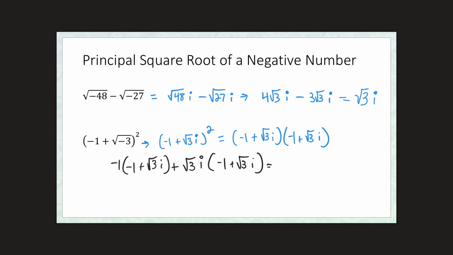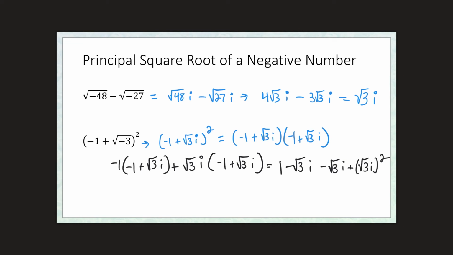That is negative 1 times 1, negative 1 is 1. Negative 1 times the square root of 3 times i is minus the square root of 3i. And then subtract that from the square root of 3 times i plus the square root of 3 times i squared.